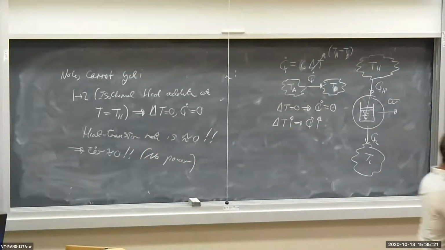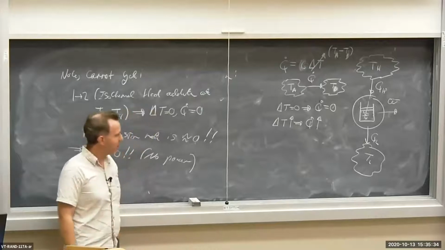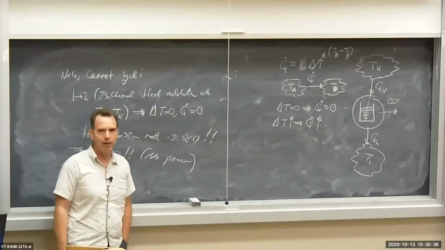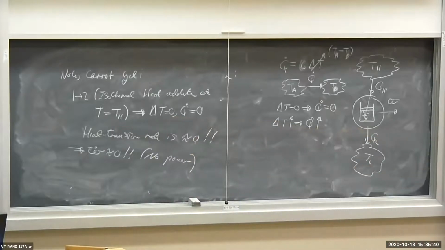Your highly efficient Carnot heat engine has 0 horsepower output. That's not good. That's not going to sell many cars. The Carnot experience, 0 to 60 in a lifetime. That's not good. Not good at all.